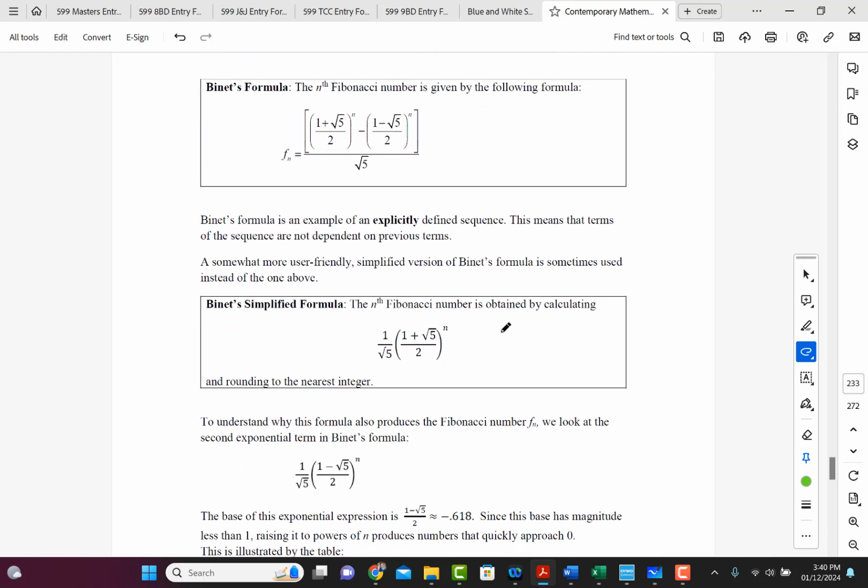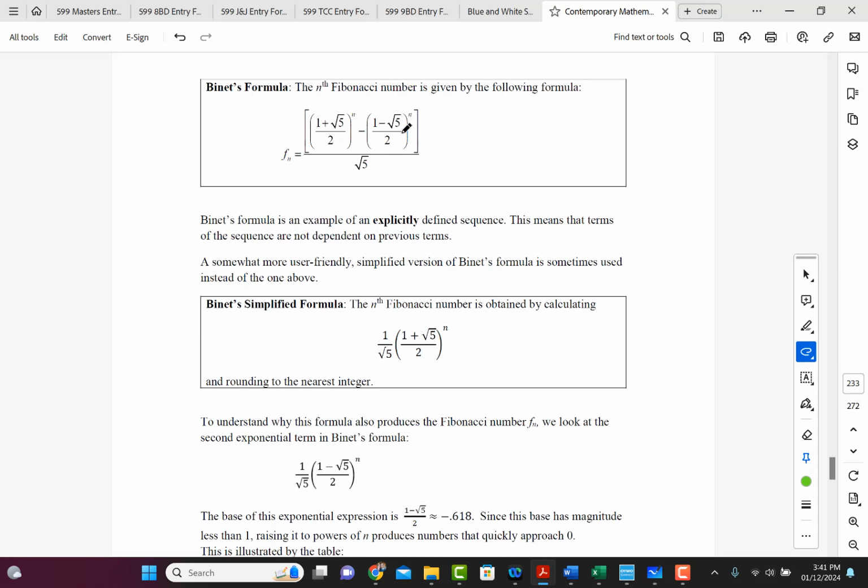So Binet's formula tells us that the nth Fibonacci number is given by the formula f sub n is equal to 1 plus the square root of 5 divided by 2, quantity raised to the nth power, minus 1 minus the square root of 5 divided by 2, quantity raised to the nth power.